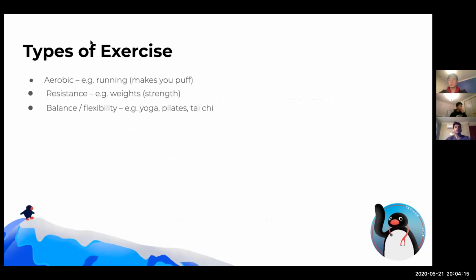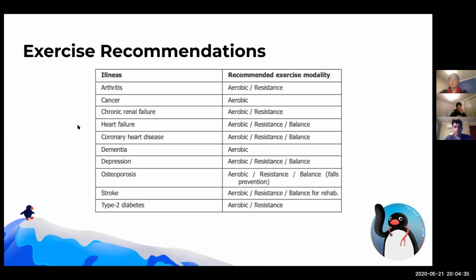Going on to different types of exercises. Aerobic is basically cardio, like running. Resistance is weight training, and balance is to train your flexibility, like yoga and Pilates. And this is the table that I was talking about. You really should know this table.